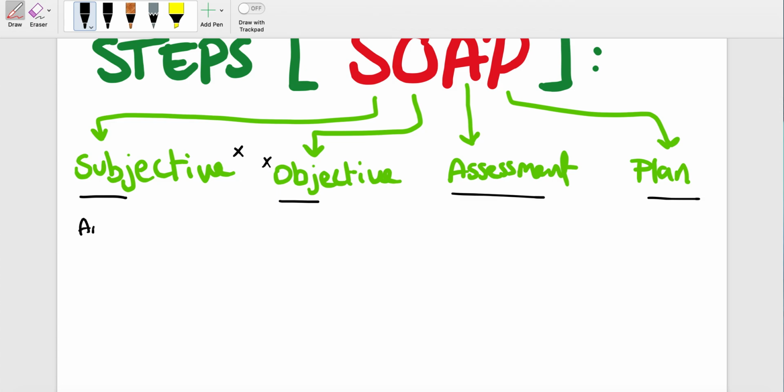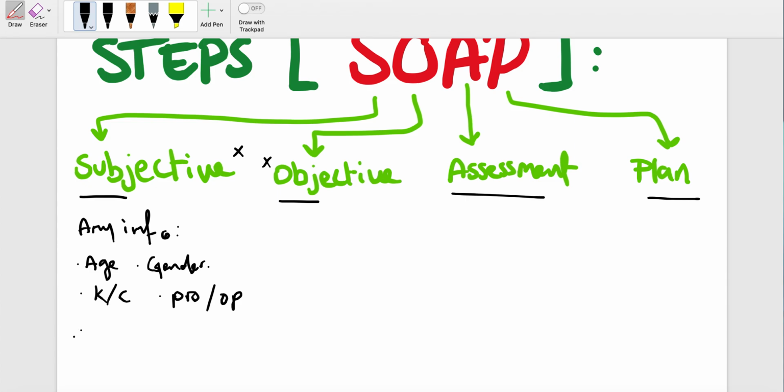Subjective is any information related to your patient, meaning age, gender, any known diseases your patient might have, procedures or operations your patient went for either in the past or currently, outside the hospital, inside the hospital, outside the country or inside the country, okay?